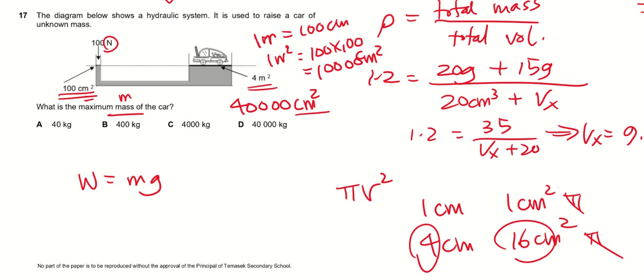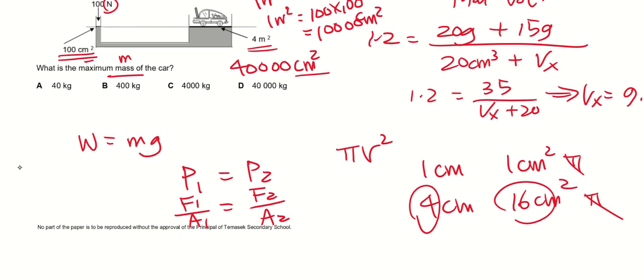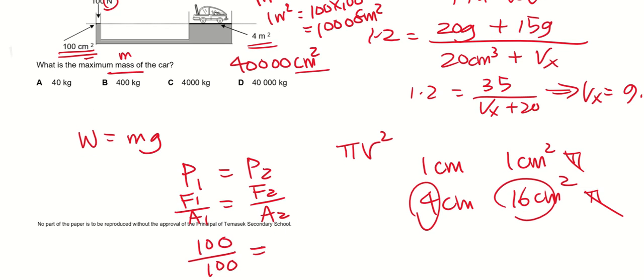So for hydraulic system, the pressure exerted is same throughout. So pressure 1 equals pressure 2. That means force 1 over area 1 equals force 2 over area 2. So my force 1 is 100. The area is 100. Force 2, I don't know. I'm supposed to find. The area is 40,000.